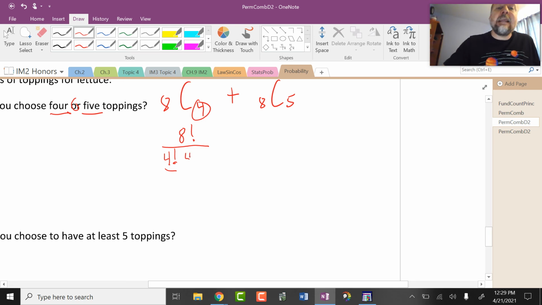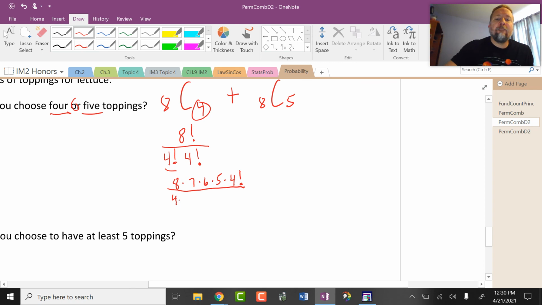And then this is 8 minus 4 factorial. Just go ahead and calculate 8 minus 4 and then put that in there. The next thing I would do is 8 times 7 times 6 times 5 times 4 factorial. On the bottom, I would write out one of the 4 factorials and leave the other 4 factorial alone so that I could cancel, because that's what's happening with that.